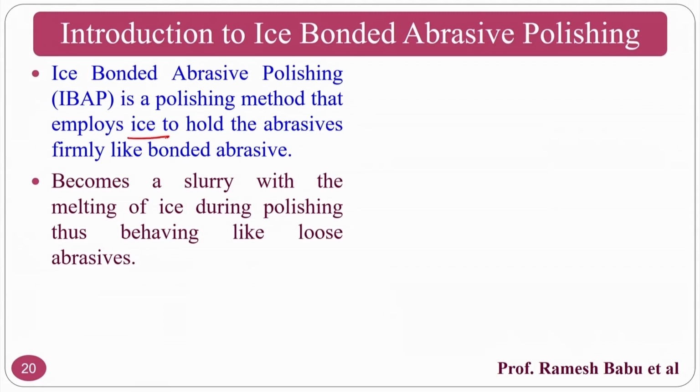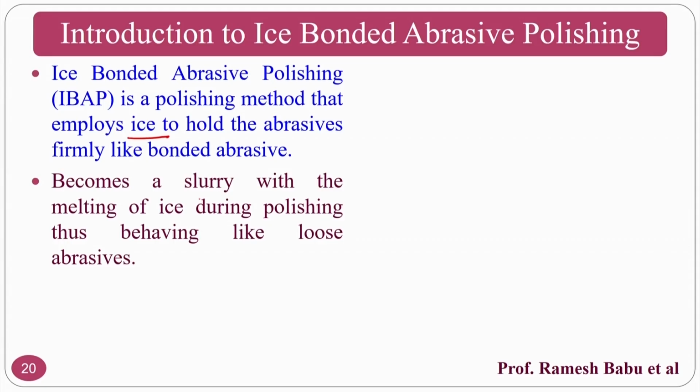These types of bondings are there. There is another variety of bonding here, that is nothing but ice bonding. Here you just use water to make ice and you impregnate or mix the abrasive particles and make an ice bonded abrasive tool, then you use it for finishing applications.